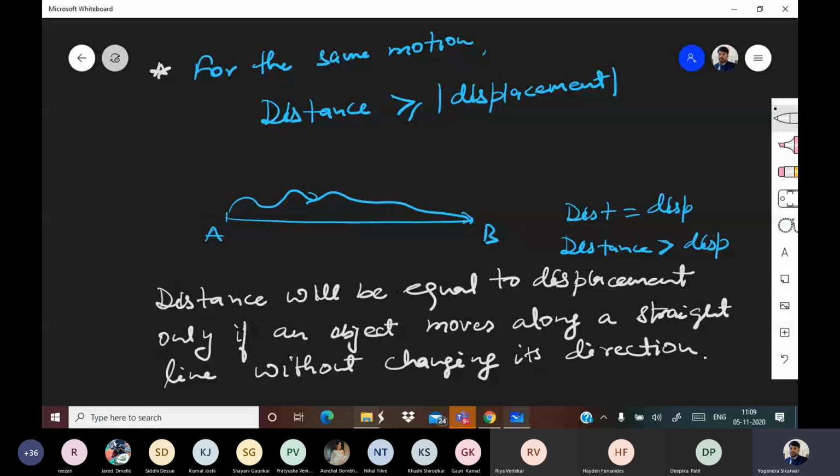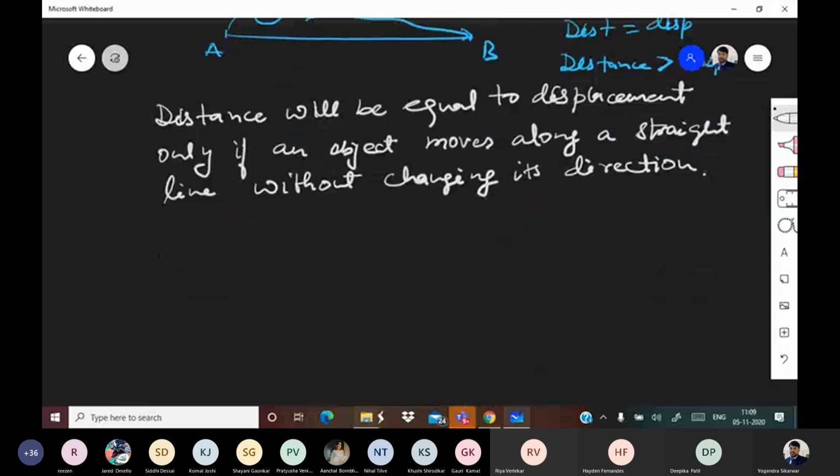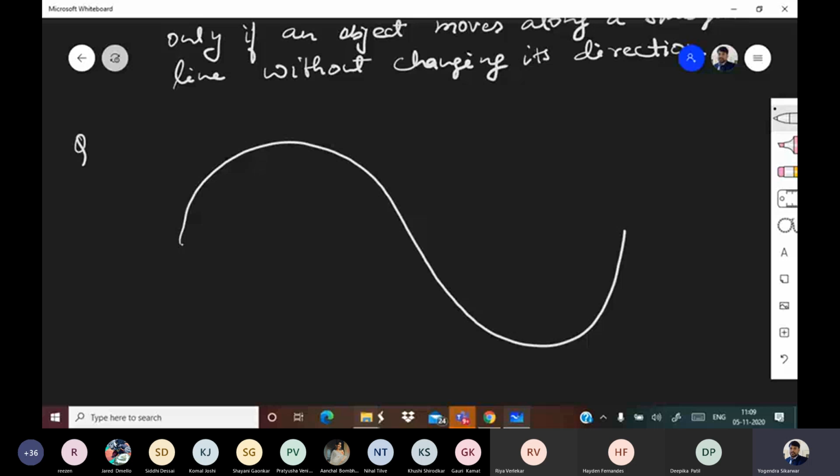An object is starting from point A, this point is B, this point is C, this point is D, and this point is E. The path you can see is semicircular. Radius R is equal to 2 meters. Here also the radius is the same, R is equal to 2 meters.